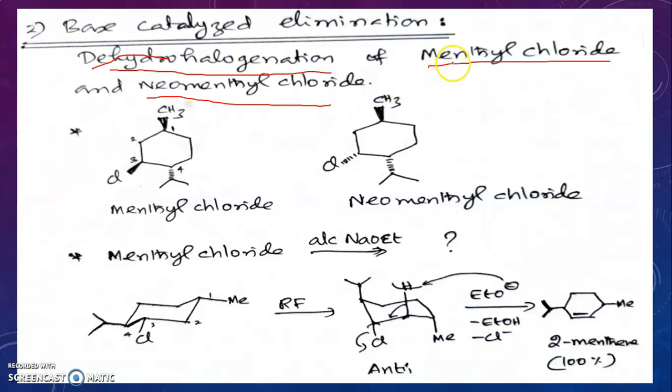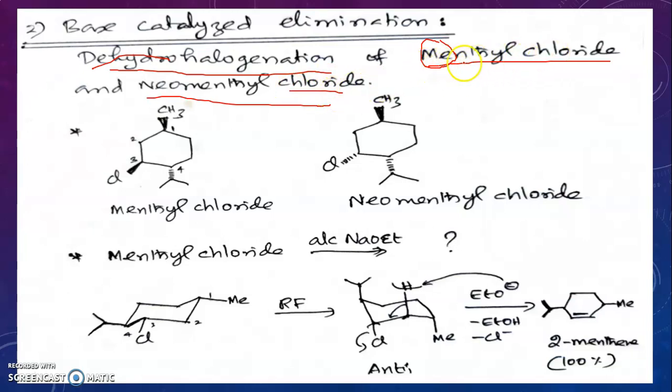To avoid that mistake, what I like to say is, you take this methyl group. In menthyl chloride, this methyl and chlorine should be cis. If it is neomenthyl chloride, then the chlorine should be cis with the isopropyl group. Are you getting the point?